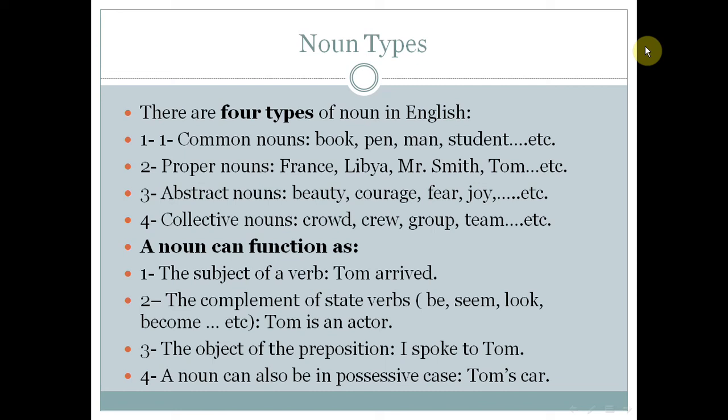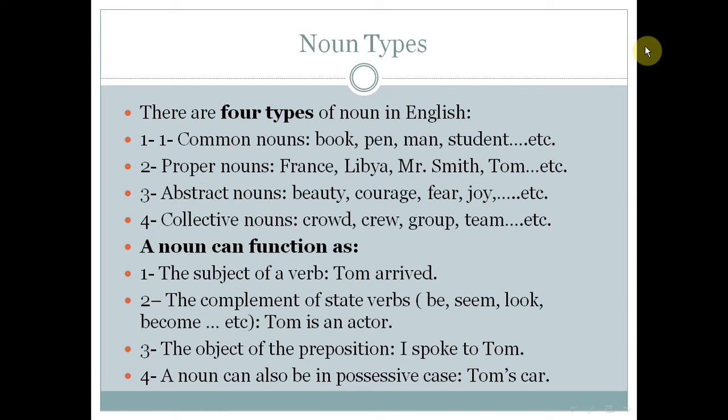For example, Tom is an actor. So is a state verb. An actor is a noun. It's the complement of a state verb. Tom is a proper noun and its function is the subject of the verb.